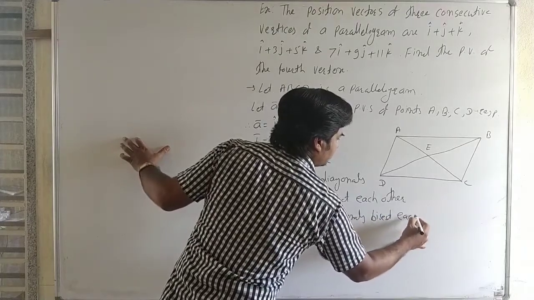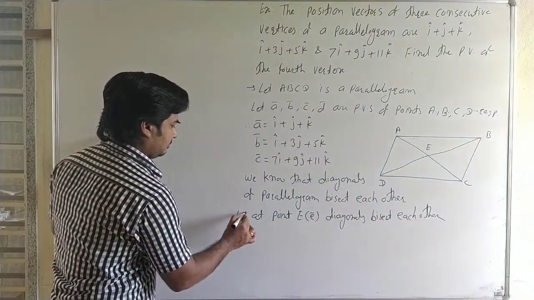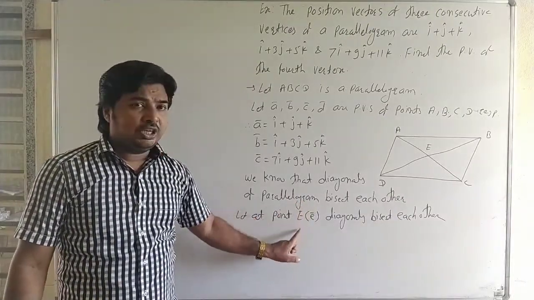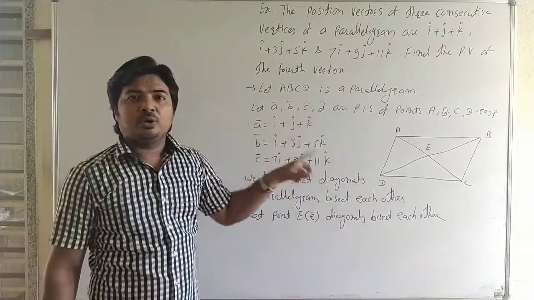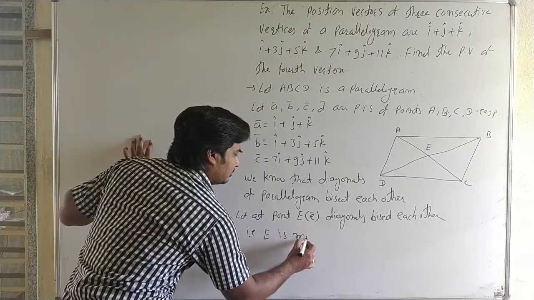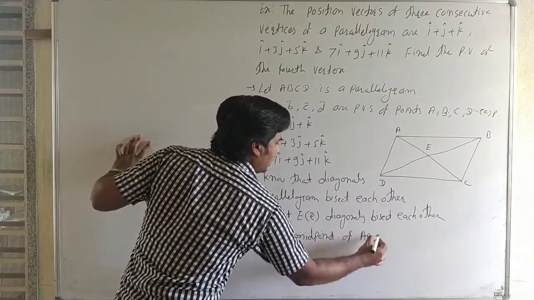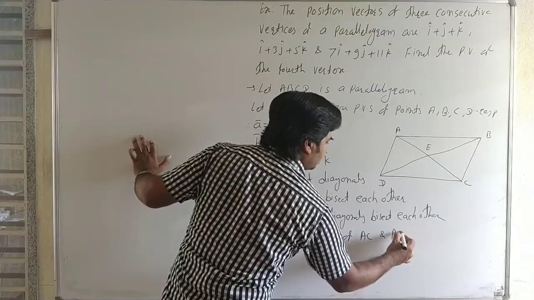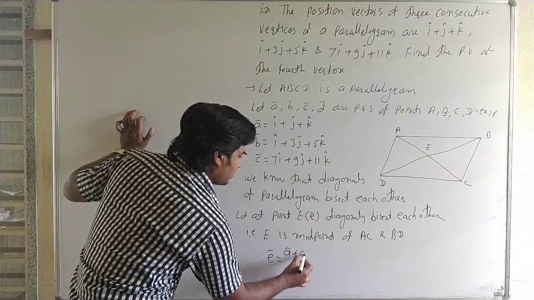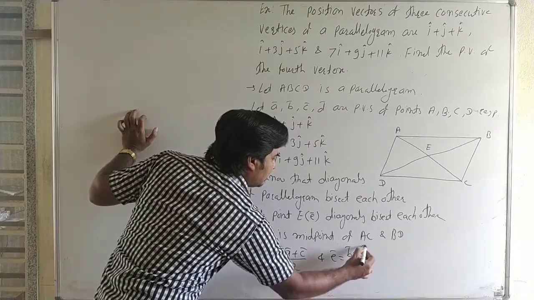That is, E is the midpoint of AC and BD. Therefore, E bar is equal to (A bar plus C bar) upon 2, and E bar is equal to (B bar plus D bar) upon 2.